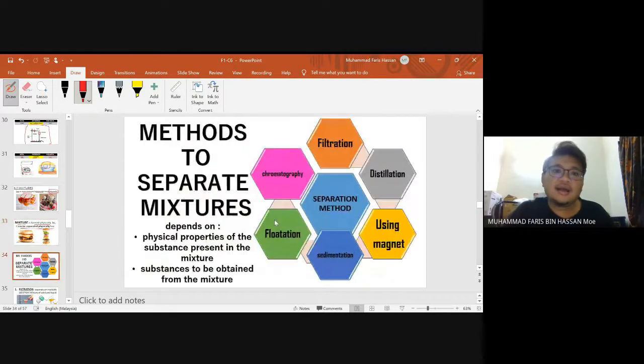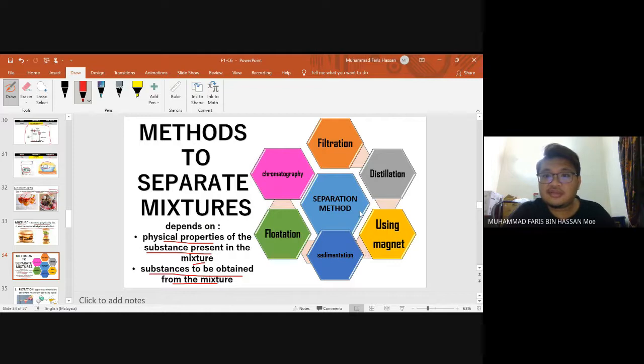Okay, and because mixtures can be separated physically, there are six separation methods that can be used. To separate the mixtures, it depends on the physical properties of the substances present in the mixture, and also the substances to be obtained from the mixture.